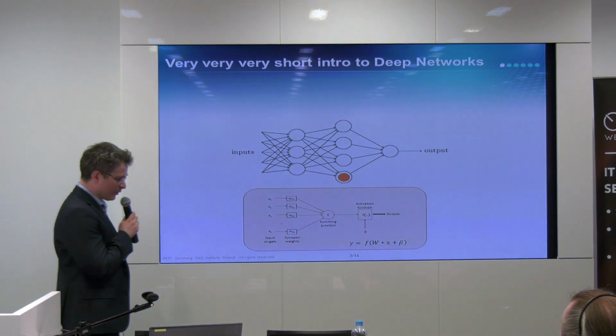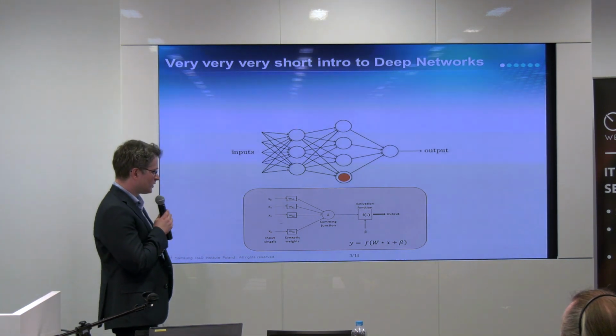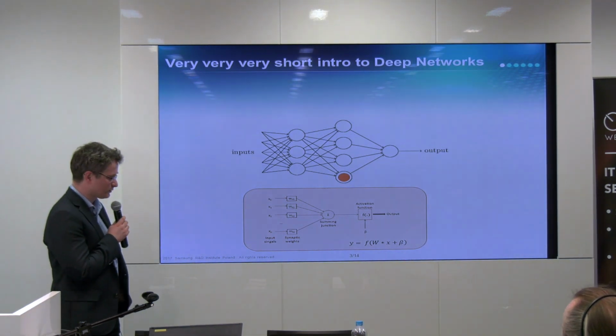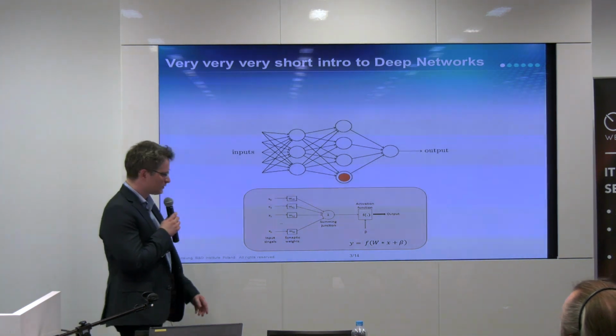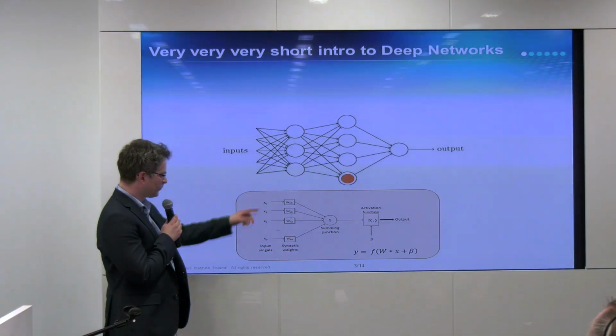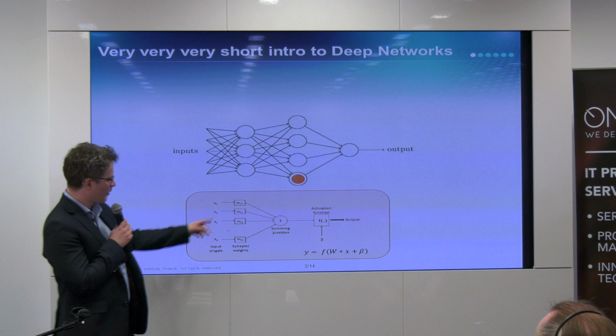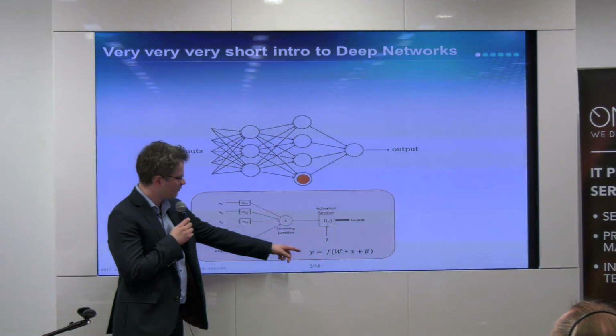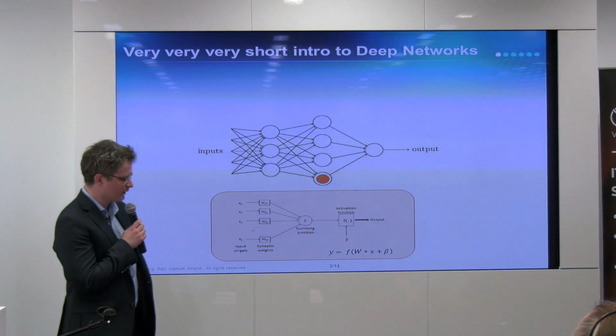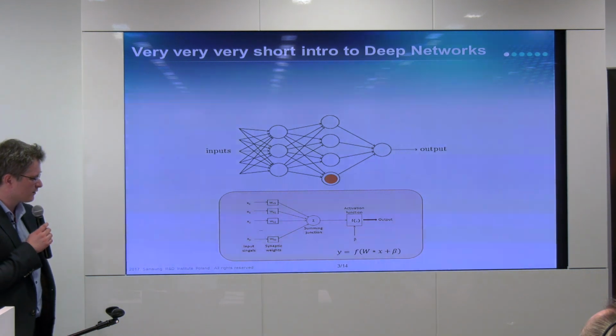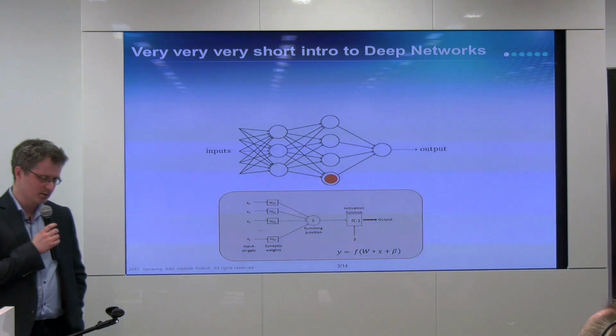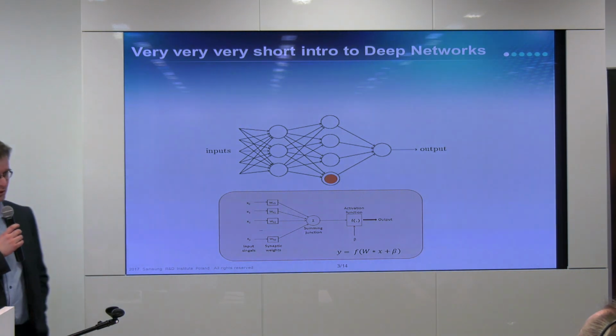And from the engineering point of view, each neuron is a kind of simple operation. You just take the inputs, multiply by weights, then sum up everything, give some bias to the result, and then there is an activation function which in fact usually passes only the positive values.